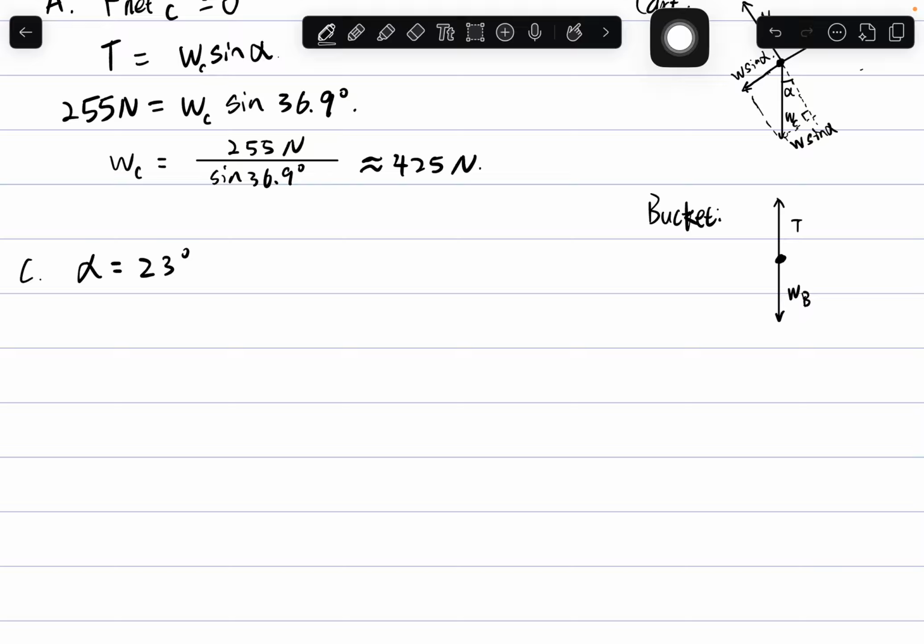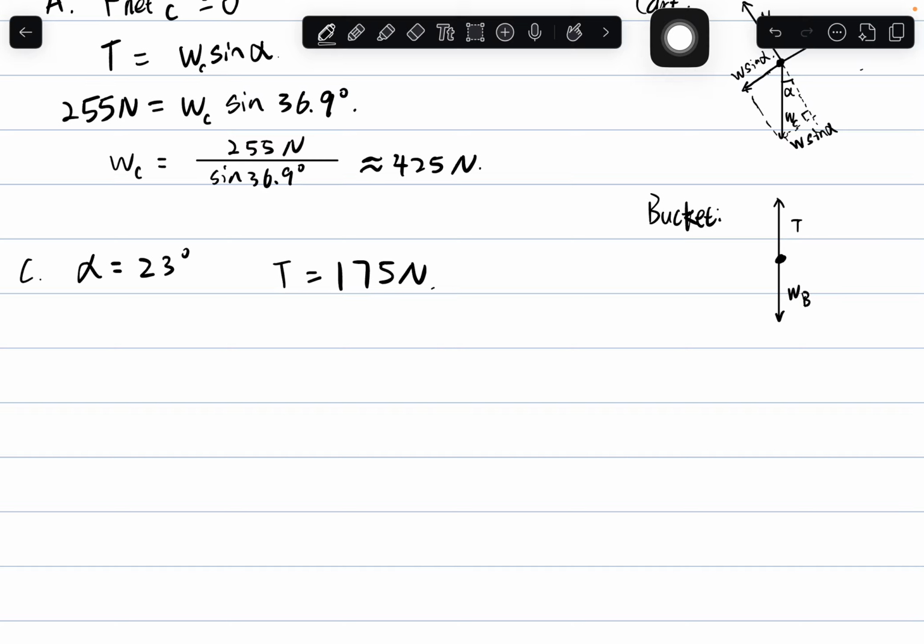Now we know both the cart and the bucket remain at rest, and the tension in the cable is 175 Newtons, and there's no friction or anything. Part C asks for the weight of the cart.